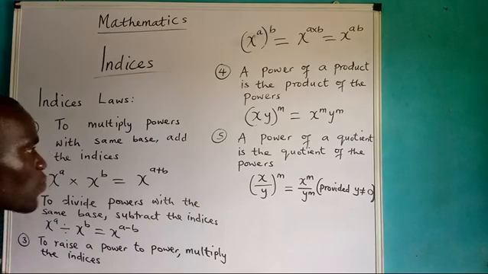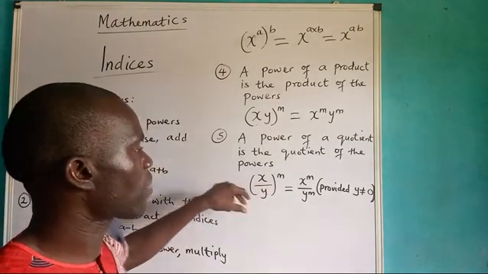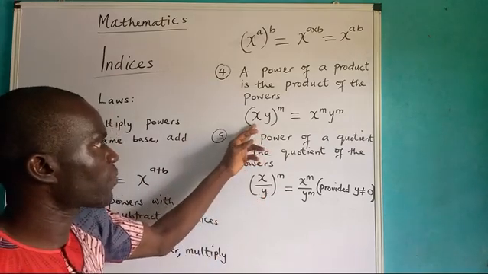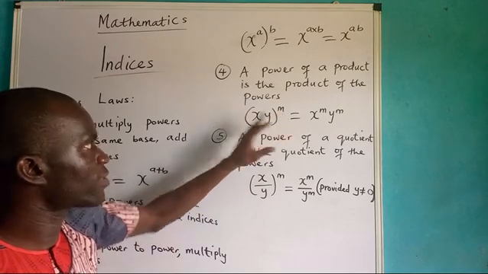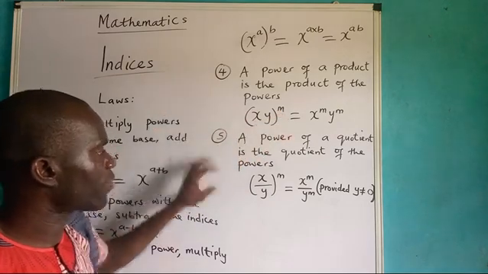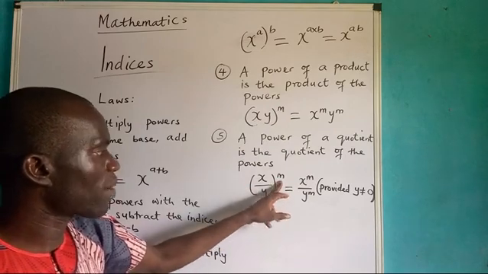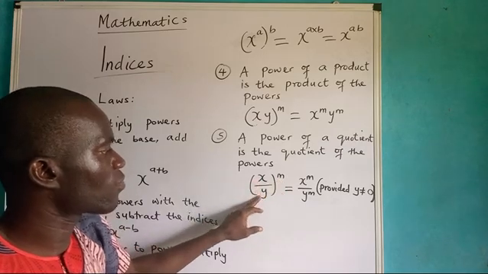Now the last one. A power of a quotient is the quotient of the powers. This one was products, meaning both of them were multiplying, x and y, with one power outside, the one of 4. Now the one of 5, we have a quotient, x divided by y, and there is also one power outside. It means that this power is for x and it's also for y.